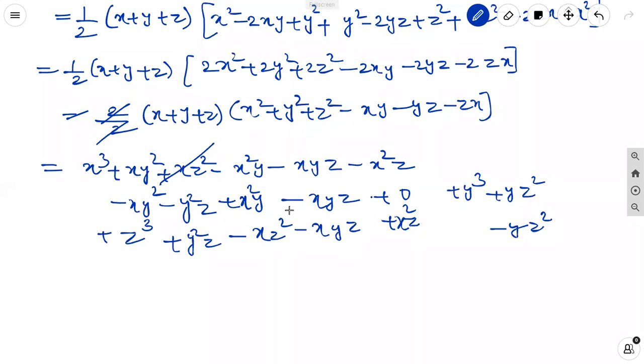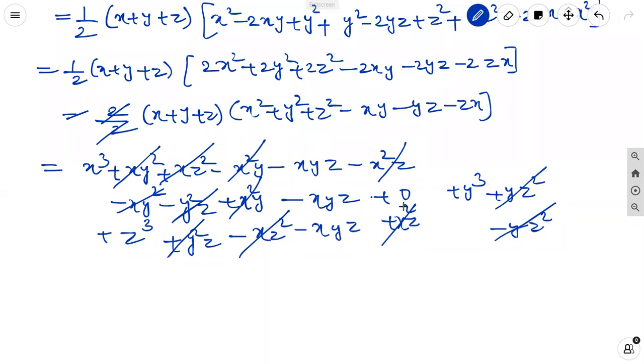Here plus xz square minus xz square cancel, minus x square y plus x square y cancel, minus x square z plus x square z cancel, plus yz square minus yz square cancel, plus xy square minus xy square cancel, minus y square z plus y square z cancel.